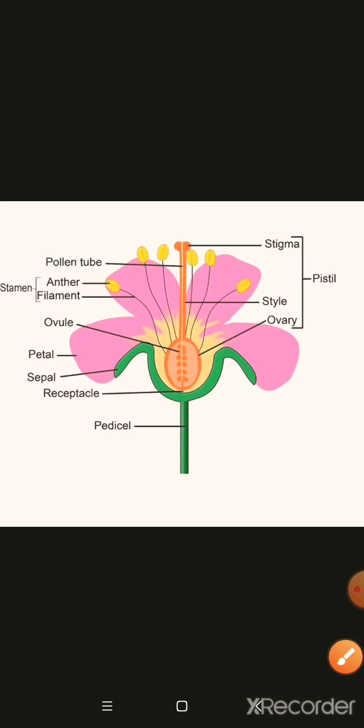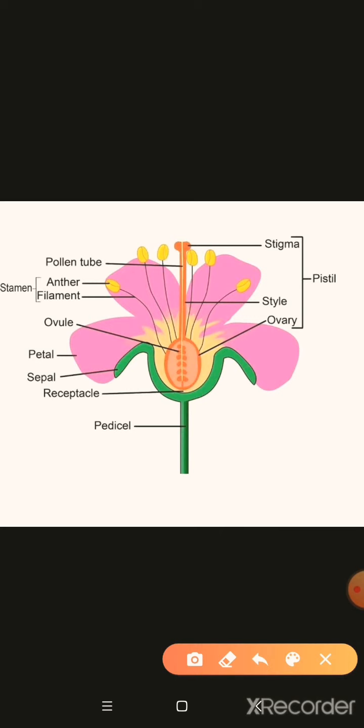When the flower matures, the anthers burst. Here we can see the anther, which is the male reproductive part, burst, and pollen grains released from the anther fall on the female reproductive part, the stigma.